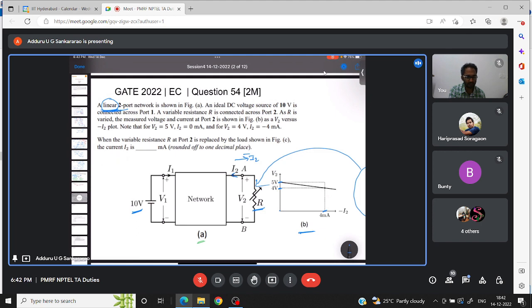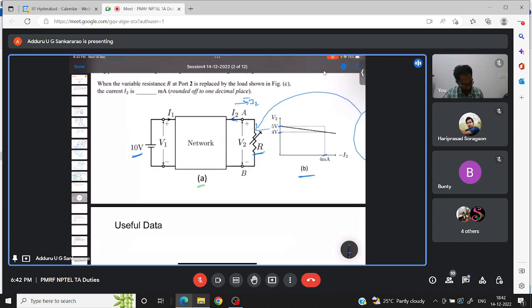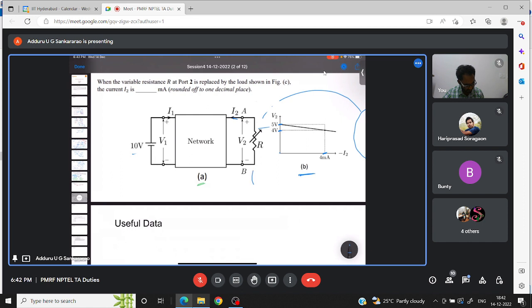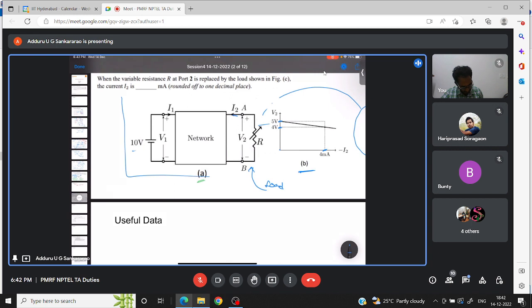Now if you see here, let us say this is the load in this network. We can use Thevenin's or Norton's theorem. Let us say this entire thing you consider the network.